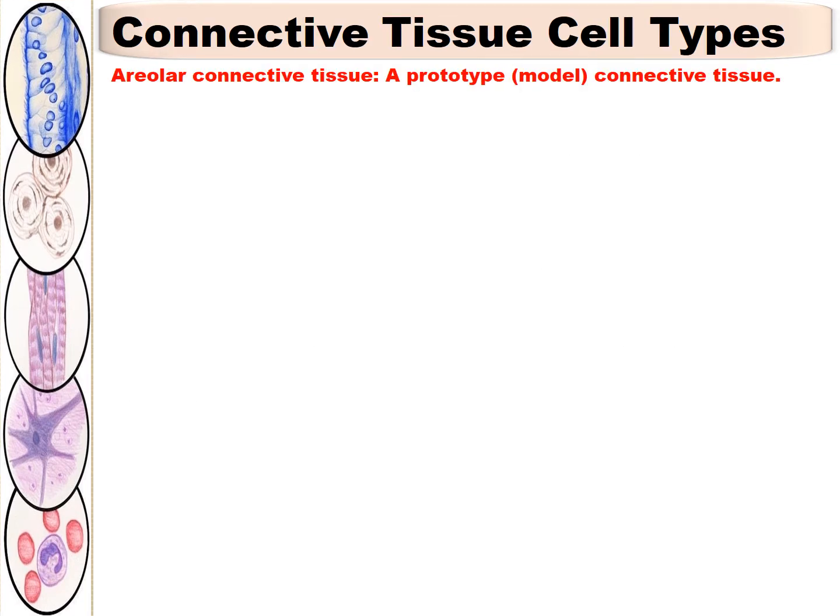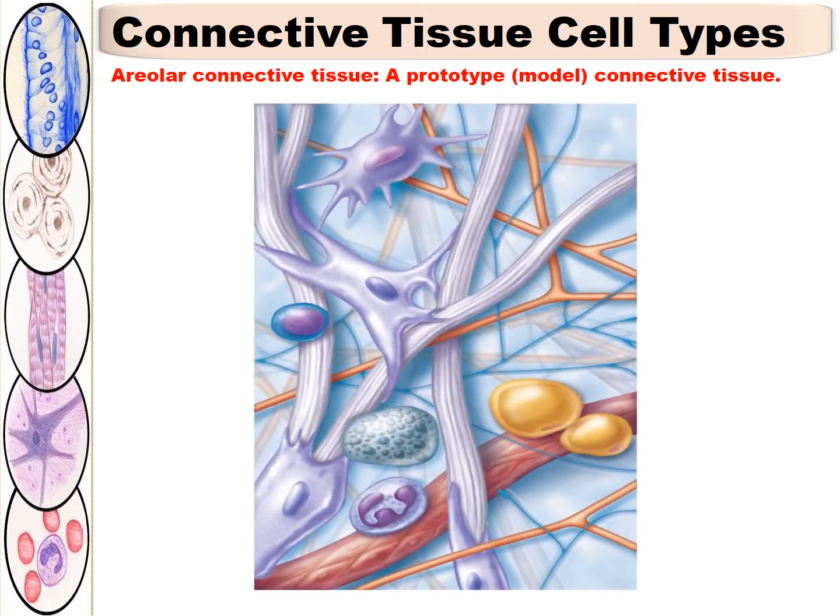Now, let us summarize the three structural elements of connective tissue. They are the cell, fibers and ground substance. With the help of this prototype diagram of areolar connective tissue, we can easily understand these three elements. Let us focus on this diagram. This one is the macrophage.